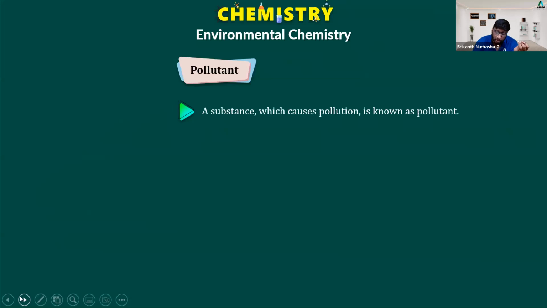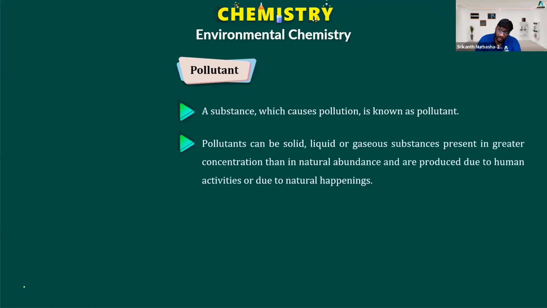A pollutant is any substance which causes pollution. Pollution means disturbing the ecosystem. Pollutants can be solid, liquid, or gaseous substances present in greater concentration than in natural abundance, and are produced due to human activities or natural happenings.